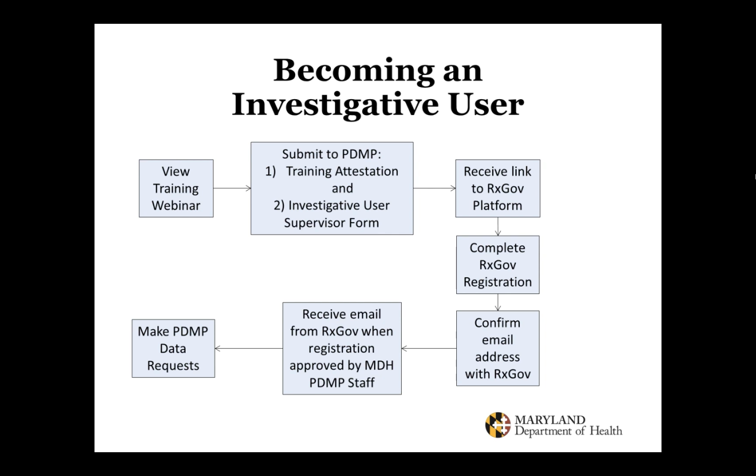You will confirm your email address with RxGov, and then you will receive a second email from RxGov once all of your registration information has been approved by the MD PDMP office staff. At that time, you'll be ready to make data requests from the Maryland PDMP.